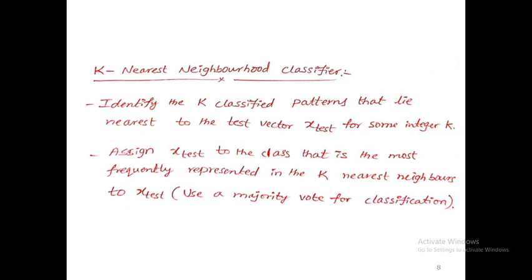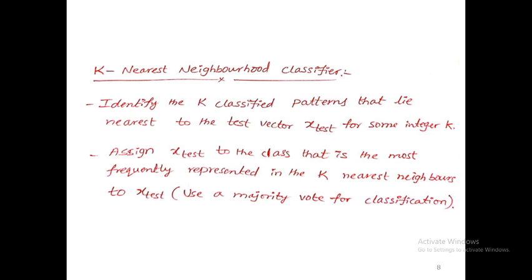So what is k here? The earlier nearest neighborhood classifier has been extended to the k nearest neighborhood classifier. First, you identify the k classified patterns that lie nearest to the test vector x test for some larger k. Instead of taking the infinite classified group, take a subgroup, the k group, in which x test also falls.